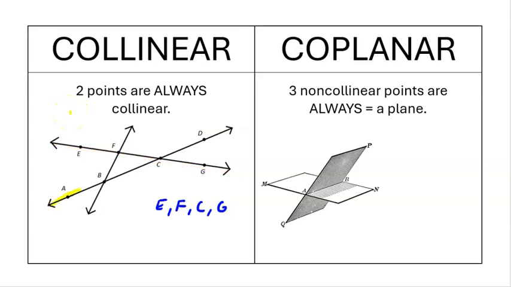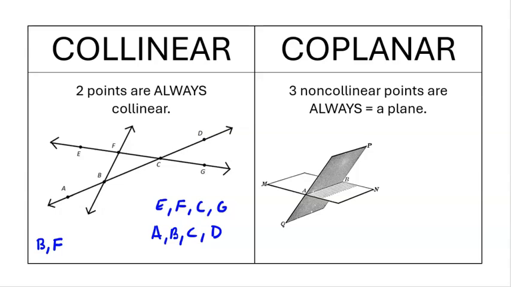I could also say that about A, B, C, and D are all collinear points. And then I also have this line here going through B and F. And so I could say that B and F are also collinear.